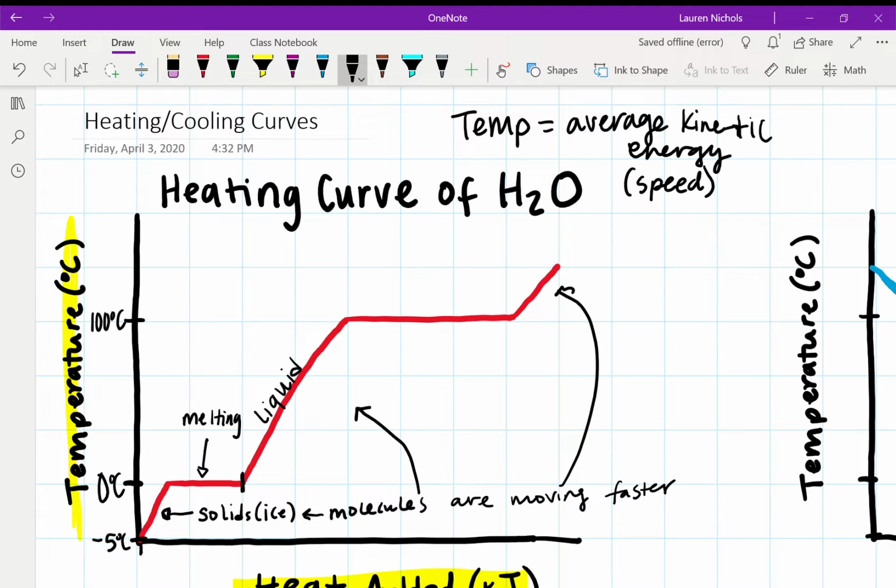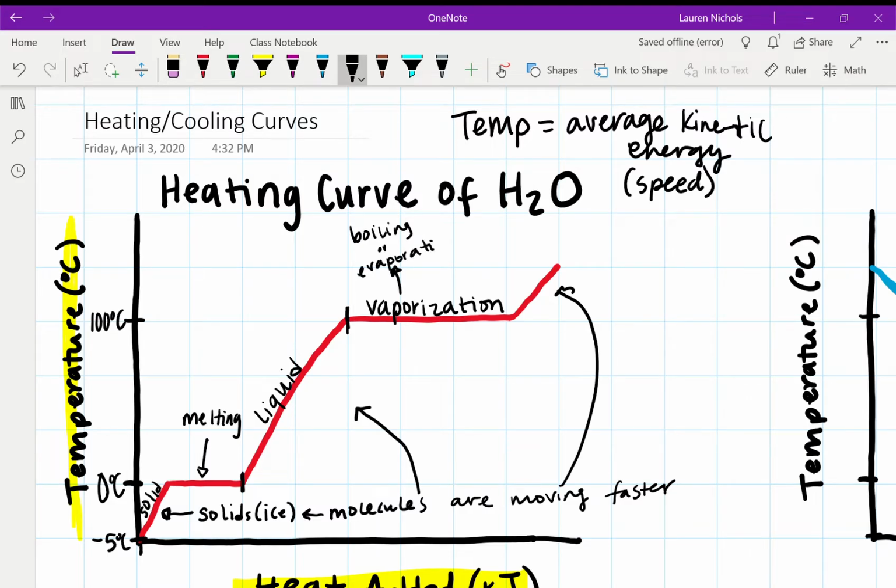So we have a solid down here, then melting happening, and then a liquid. Once the liquid reaches 100 degrees, it's going to start to experience vaporization, which, remember, can be two different things. It could be boiling, or it could be evaporating.